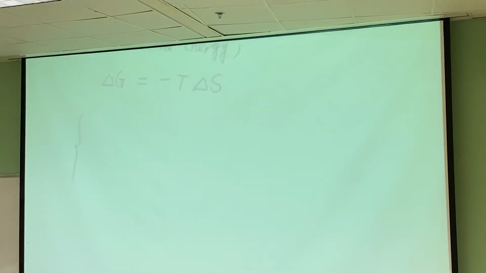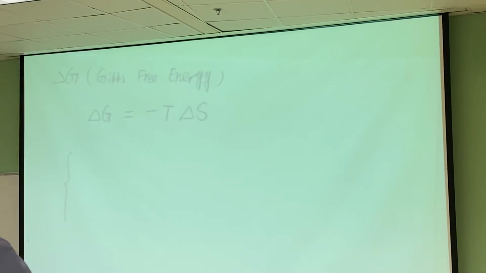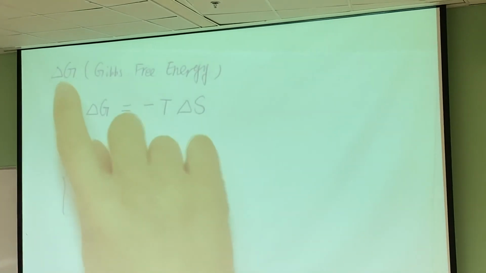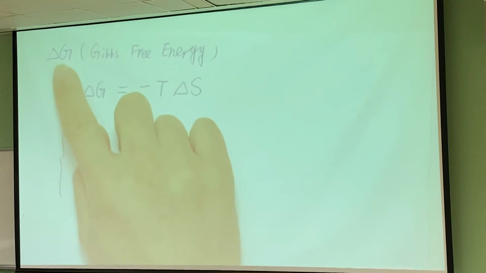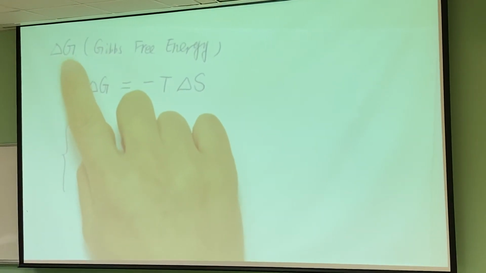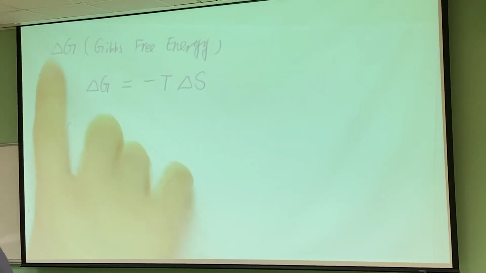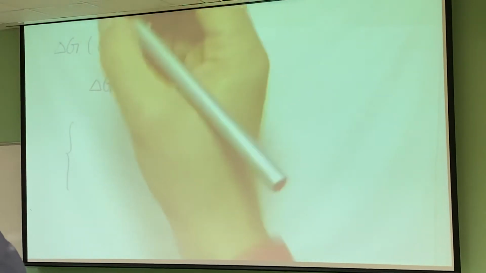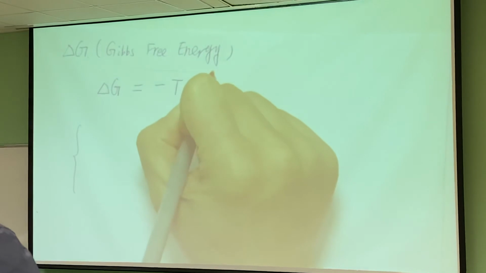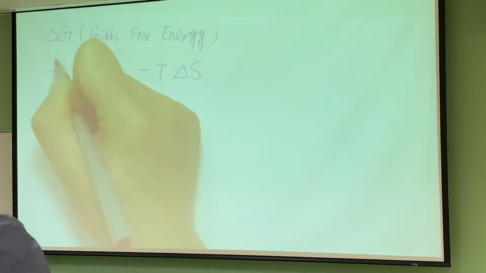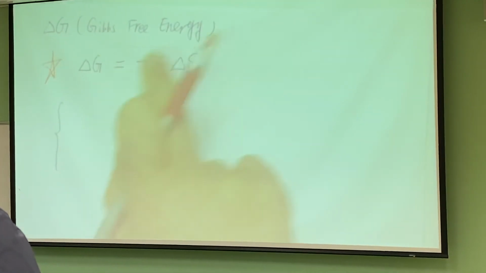Then you can go back and do the pre-study. So delta G, these are the only 2 terms we introduced for this chapter. Delta S and delta G. Delta G is called Gibbs free energy. And this is a definition equation.